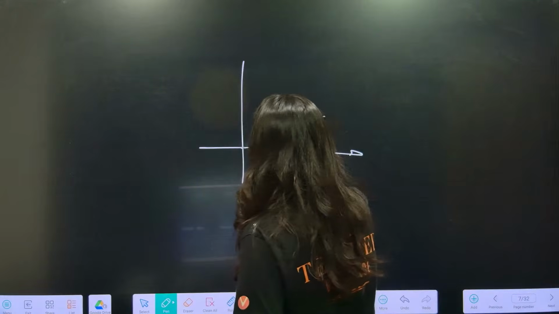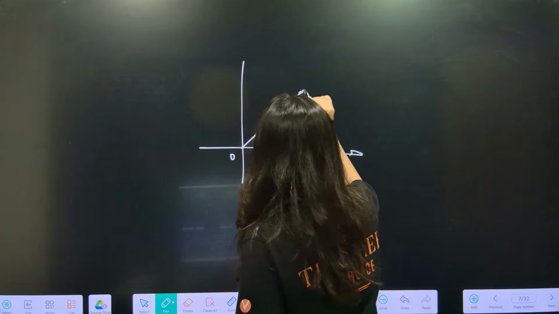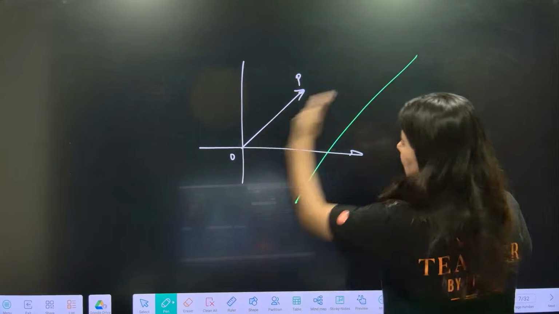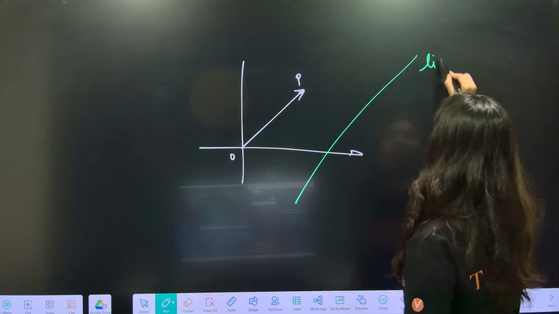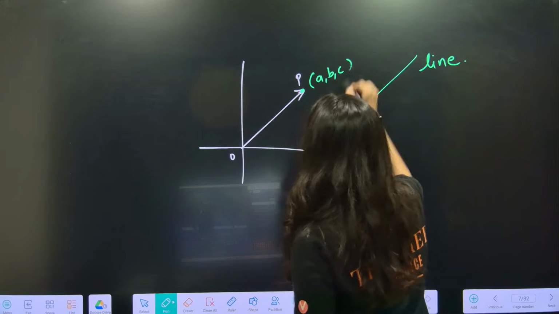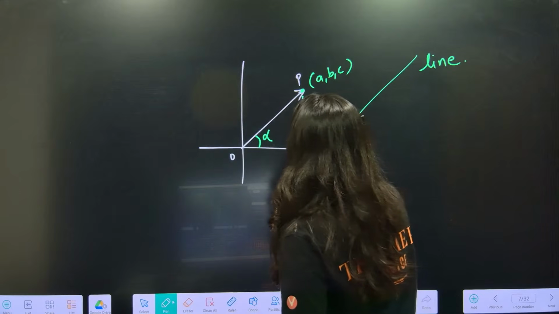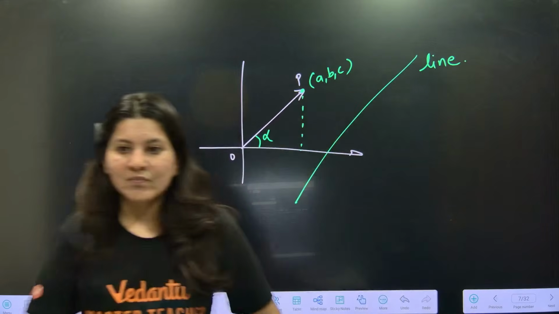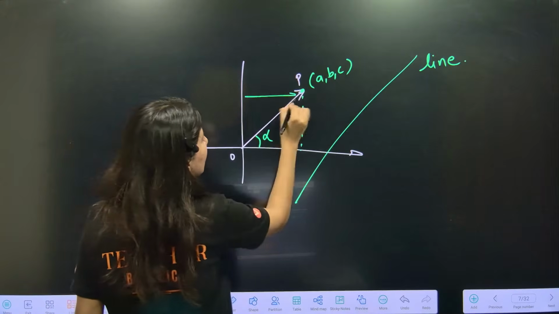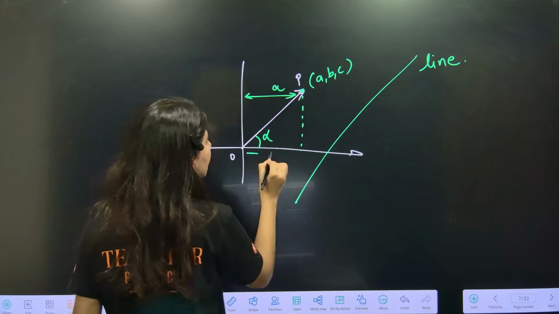Now, suppose you have this vector OP. This is your point P, and this is parallel to your line. The point P is (A, B, C), and this is your alpha. Don't you think this length is A?